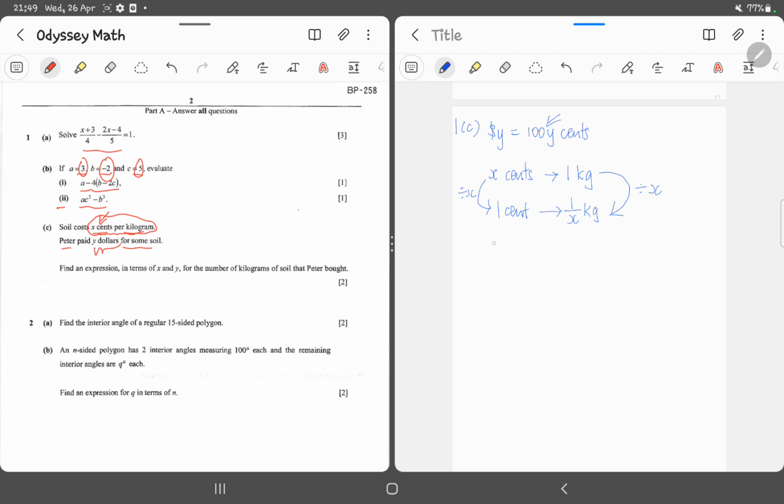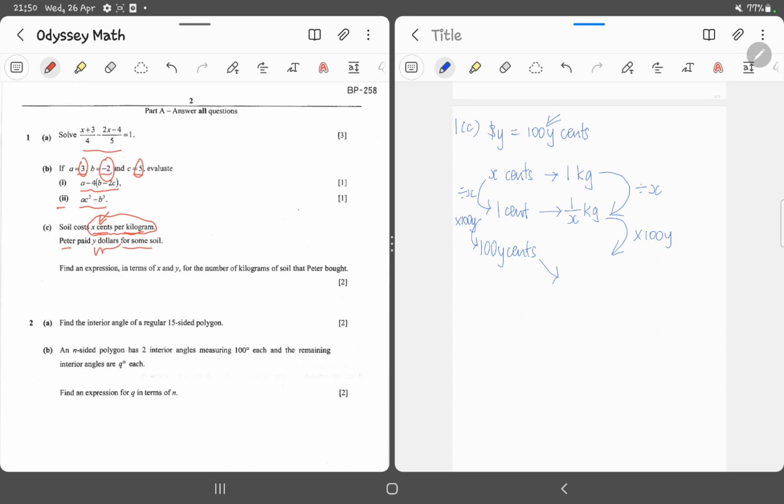From 1 cent to 100y cents you multiply by 100y, so I must also multiply by 100y.